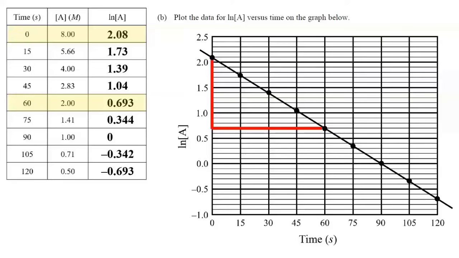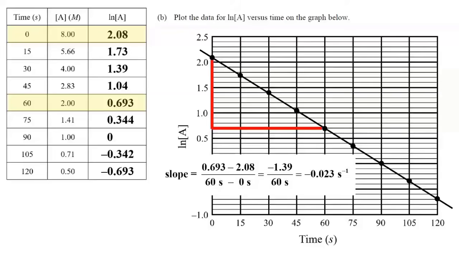I'm going to calculate the slope by doing the difference in y divided by the difference in x for this region. So my difference in y would be 0.693 minus 2.08, and I get negative 1.39 for my difference in y. And for my difference in x, it would be 60 minus 0, so 60 seconds.